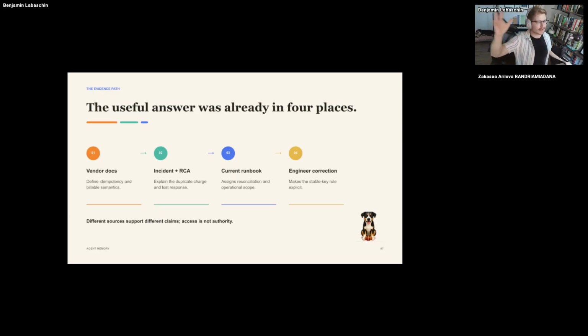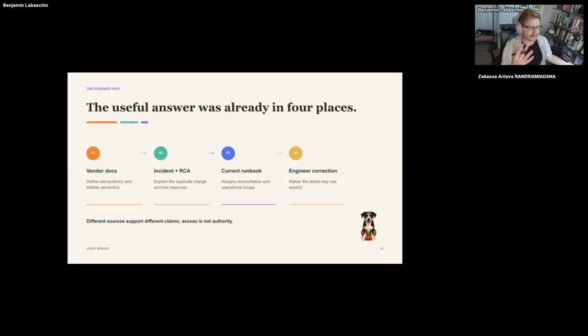Whereas in our mythological, idealized agent memory harness, we're able to pull these types of memories in and use them as evidence, right? So someone at some point, I want to make this point clear, went out and decided, hey, I am going to retain vendor docs, I'm going to retain the RCA, etc., for the use that someday an agent or some person can use them.